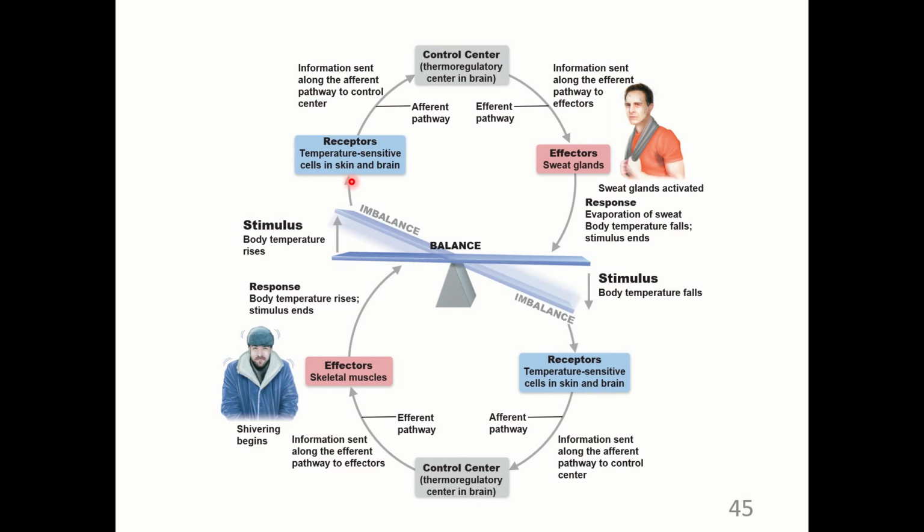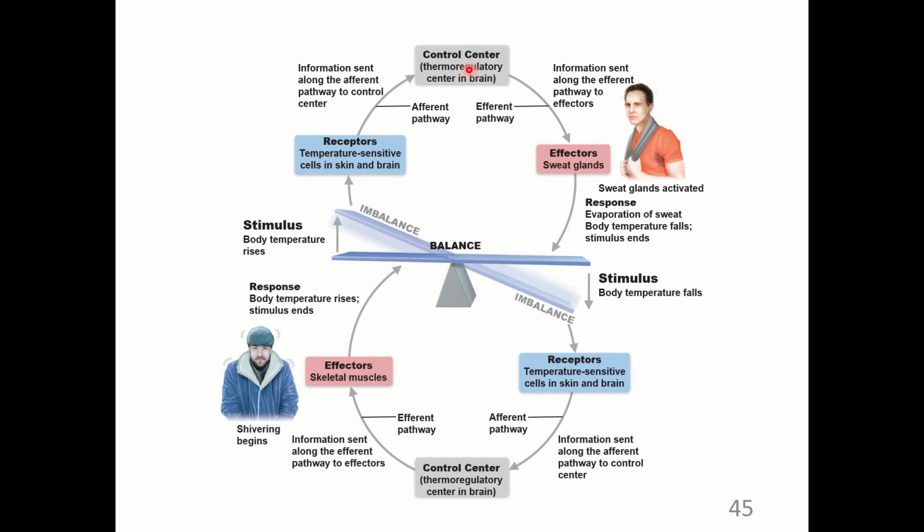Receptors are the temperature-sensitive cells in the skin and brain, so these would be cutaneous receptors mentioned in the integumentary system. The information from these receptors will be sent along the afferent pathway to the control center. In this case, it's the thermoregulatory center in your brain, located in your hypothalamus.